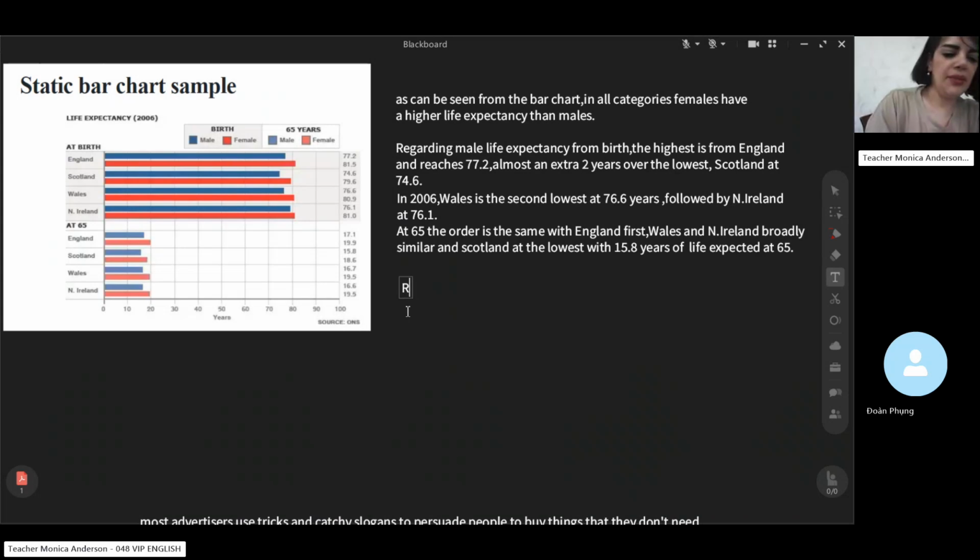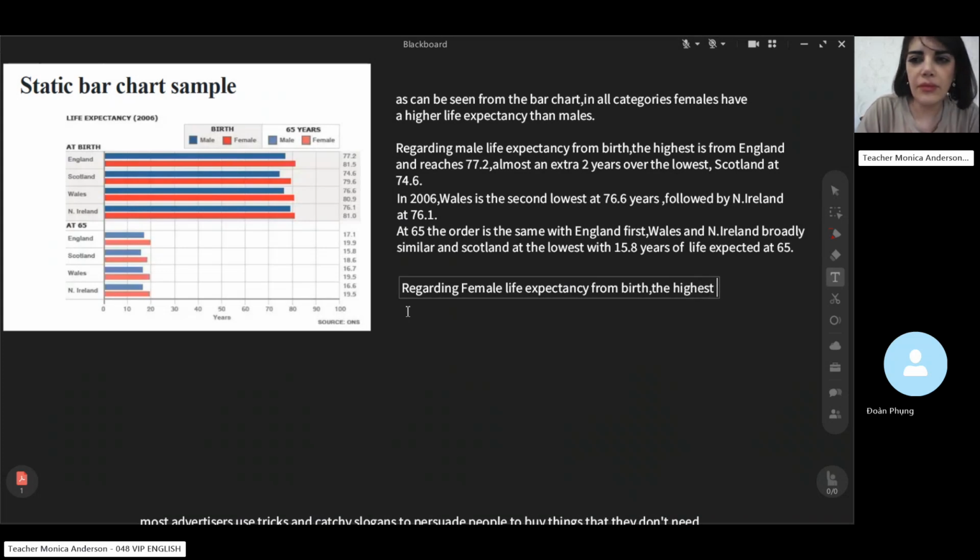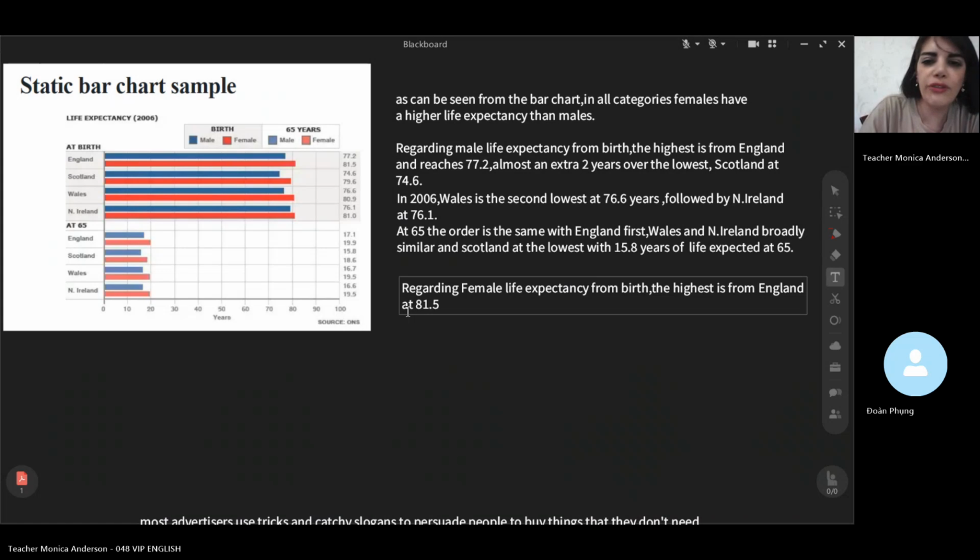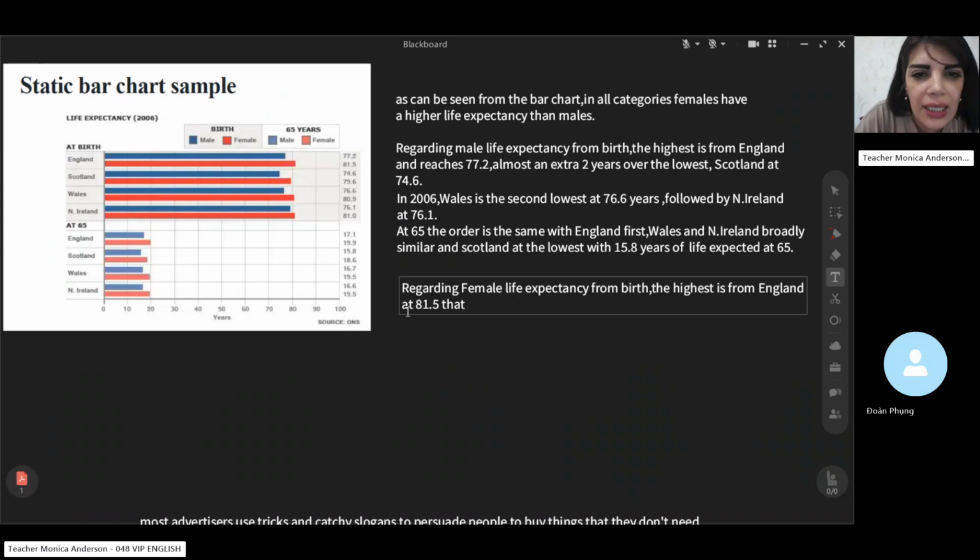So for example, regarding female life expectancy at birth, the highest is from England again, at 81.5, followed by Northern Ireland at 81.